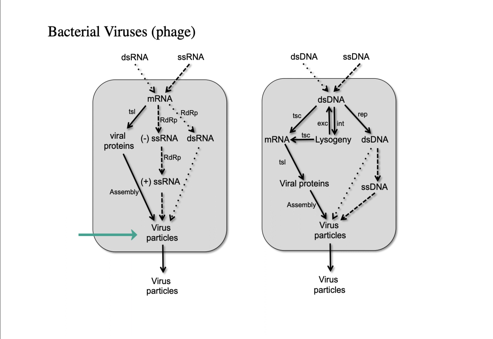cell. For DNA viruses, they can use the double-stranded DNA or single-stranded DNA to make an mRNA copy through transcription, double-stranded copies through replication, or if in the double-stranded form, they can become lysogenic. That is, they can integrate the DNA into the host chromosome. This doesn't happen with all viruses, but happens with many of them.